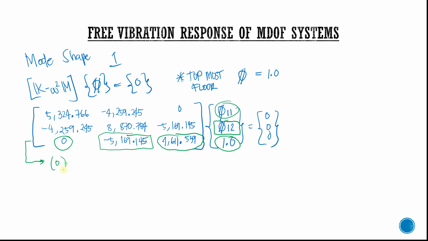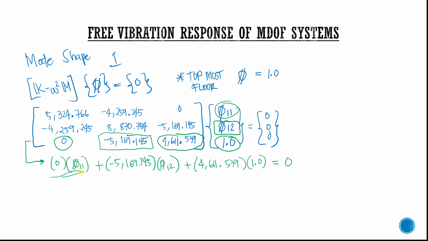So that is equal to 0 times the mode shape 1 for the first floor, plus negative 5,169.145 times the mode shape 1 for the second floor, plus 4,611.539 times the mode shape of the topmost floor, which is 1.0, and that is equal to 0.